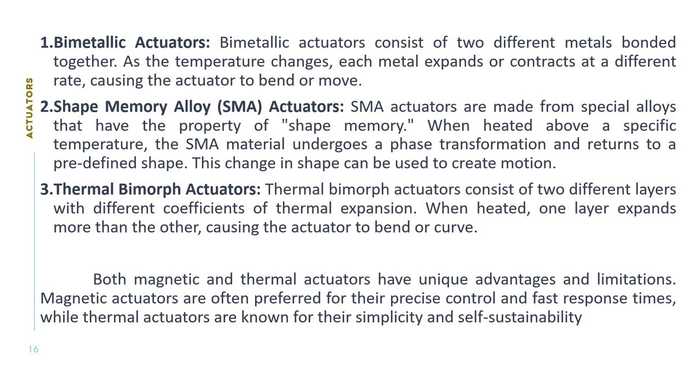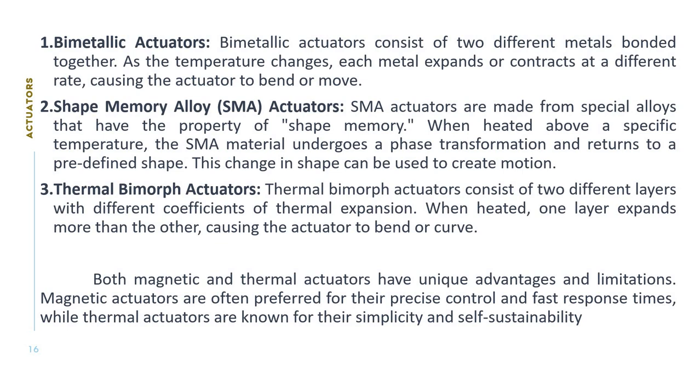SMA actuators are made of special alloys that have the property of shape memory. When heated above a specific temperature, this SMA material undergoes a phase transformation and returns to a predefined shape. They use it in cutting or melting of glass, or making some material or things using glass.